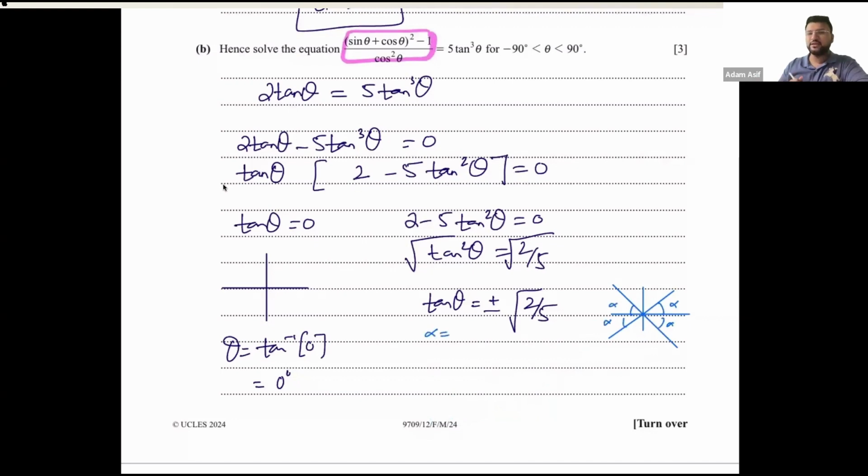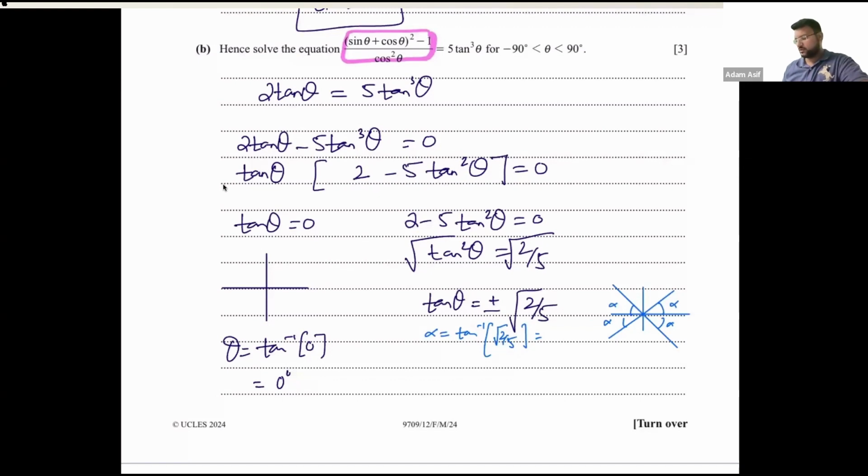How do I find the basic angle? Tangent inverse of root 2 upon 5. So what is tangent inverse of root 2 upon 5 in radians? Sorry, we need it in degrees. My bad.